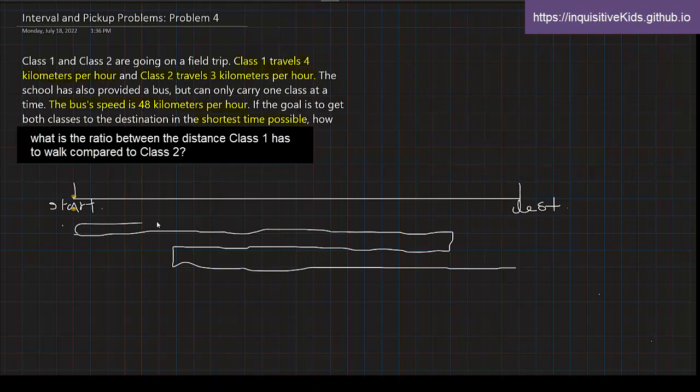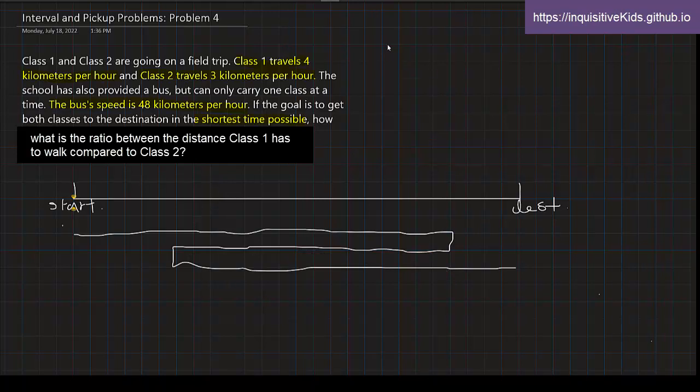Okay, so this part right here is the part where the bus is carrying Class 1. This bottom part is when the bus is carrying Class 2. And this middle part is when the bus, after dropping off Class 1, is coming back to pick up Class 2.